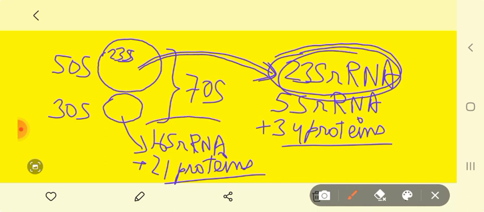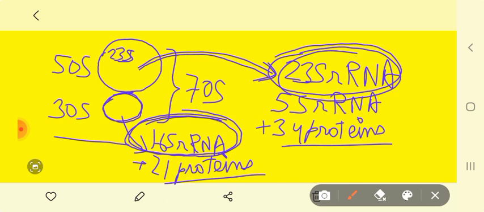And 16S rRNA is very important, because with the help of this 16S rRNA, the small ribosomal subunit can grab onto the mRNA.